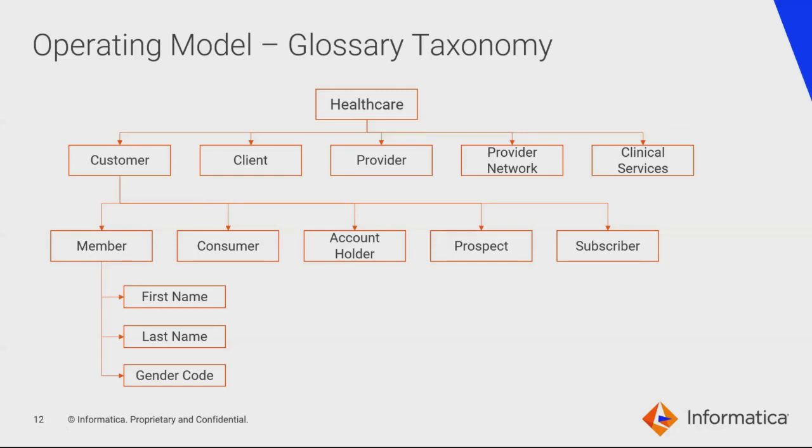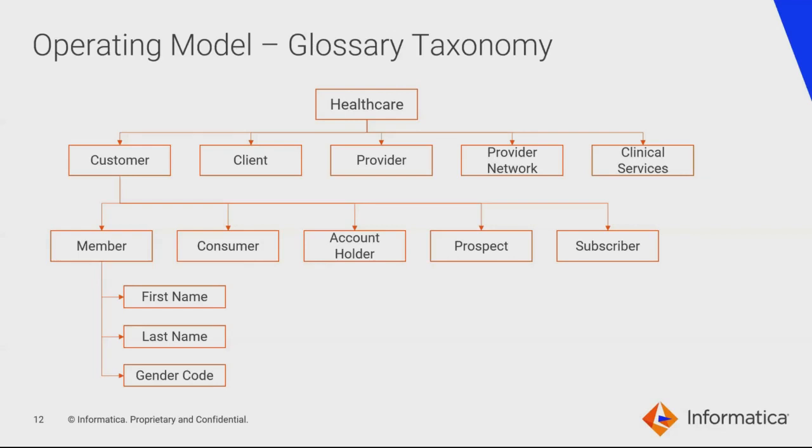So this kind of simple structure drives a certain behavior. For example, if I'm a user, I have a brand new term to add, and I come here, I will traverse through the taxonomy. So it not only provides me additional context on my business, how my business is laid out, but it also forces me to think, where does the term I'm trying to add fit?